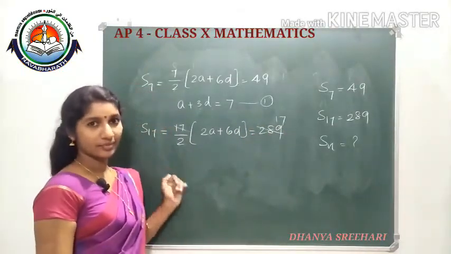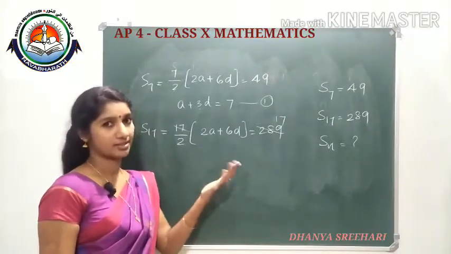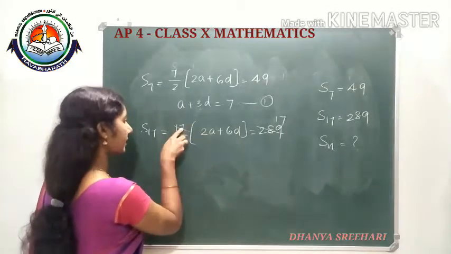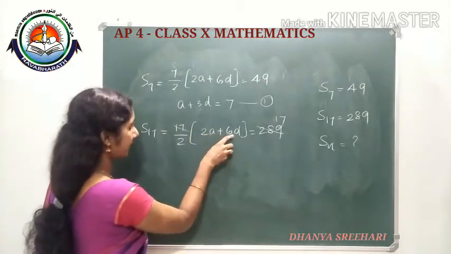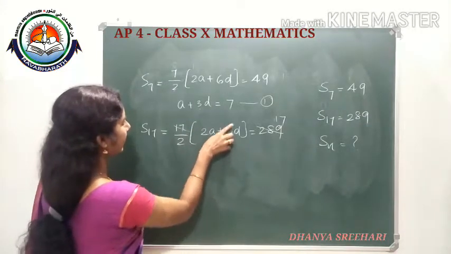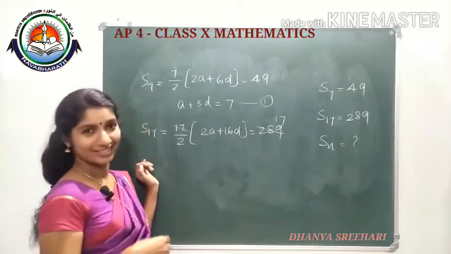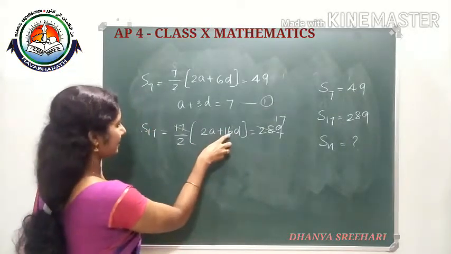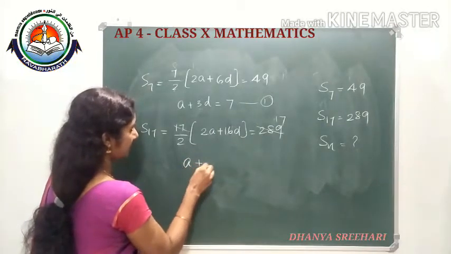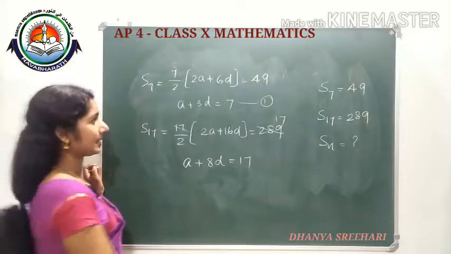Why cancelled? They are a common factor in the left side and the right side. Clear? Then 2 is a common factor here. So taking 2 outside it will come a plus, oh sorry, here 17 minus 1 is 16, so it will come 16d. Okay. So 16 by 2 we will get 8. So we are getting a plus 8d equal to 17. We got the second equation.